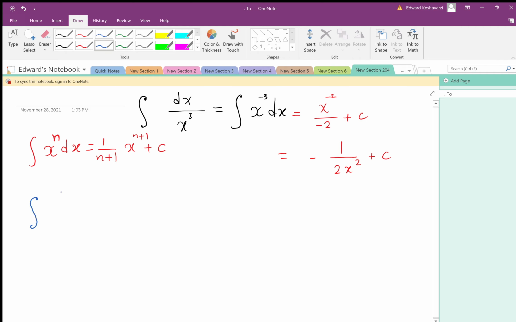So the integral of x squared minus 2 over square root of x dx. Obviously this function can't be found in the table of integrals, therefore we need to make some changes here. So it could be this.